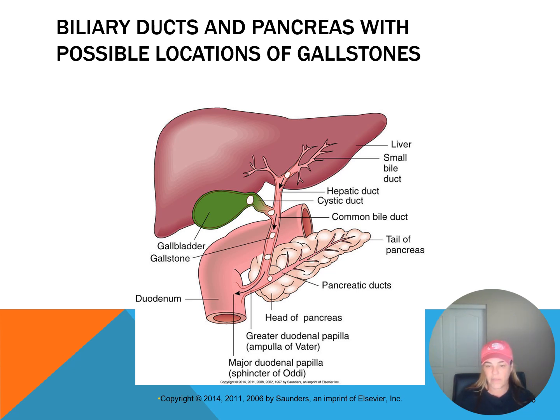Then you have the pancreas, which also has a duct. So this common bile duct will take secretions from the liver, the gallbladder, and the pancreas and put them into the duodenum. The gallbladder is just storing bile made in the liver, and some of that goes directly into the intestine as well.